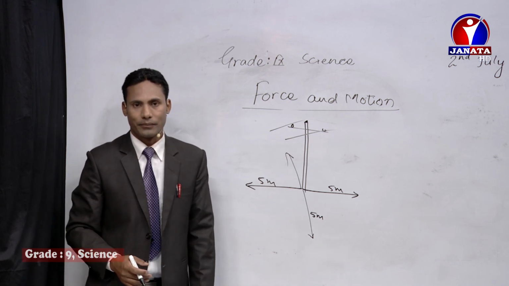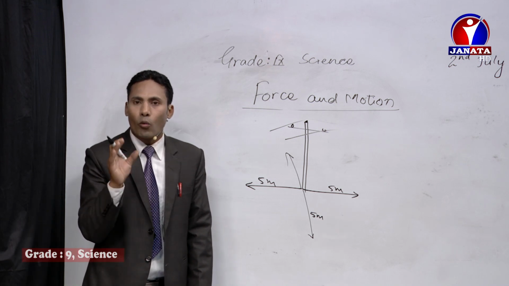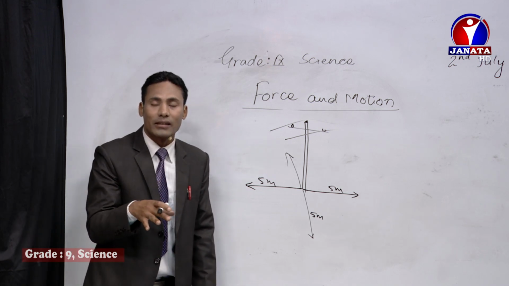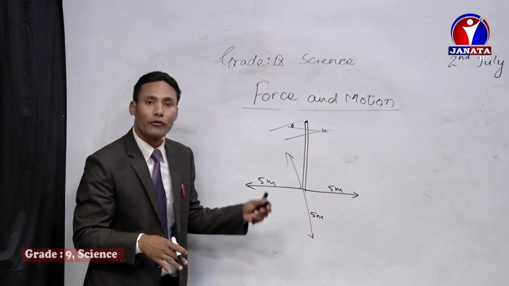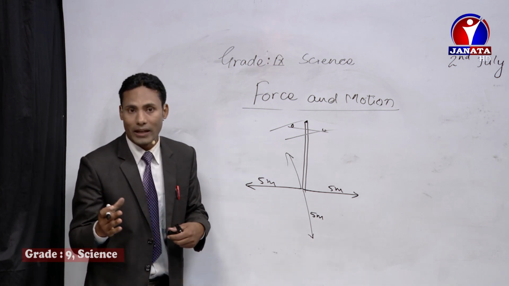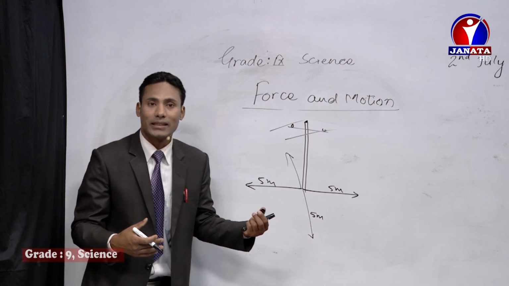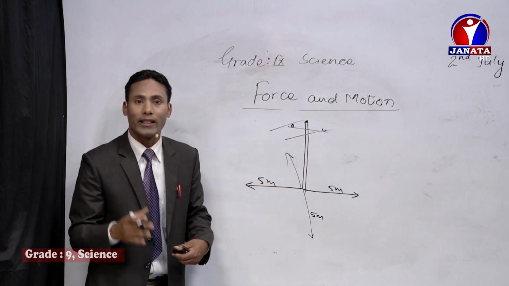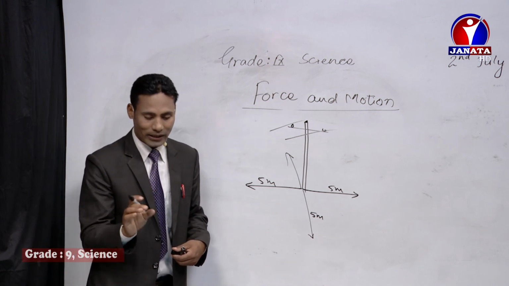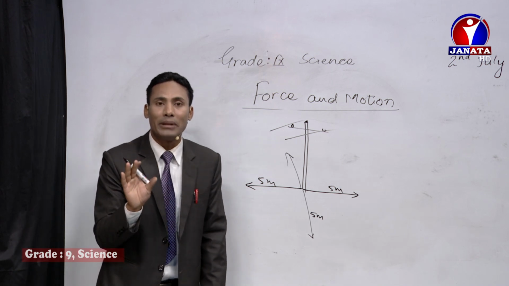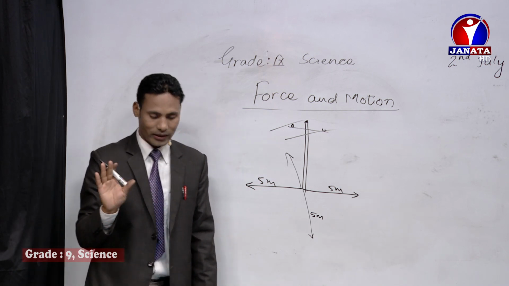There must be one other piece of information so that I can clearly draw the figure. That is the direction. If I say towards the east, then I can draw the figure in the perfect way. That means this information is not complete to explain the statement, right?